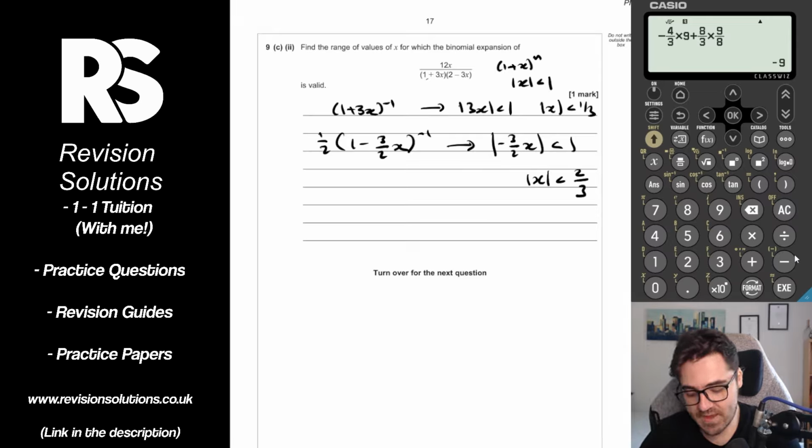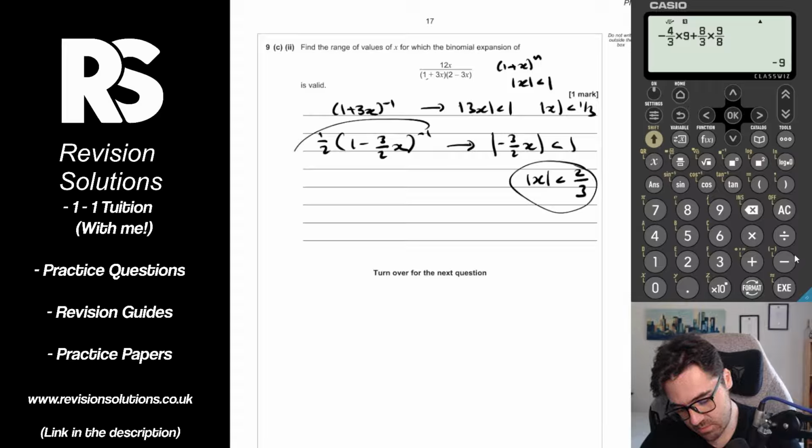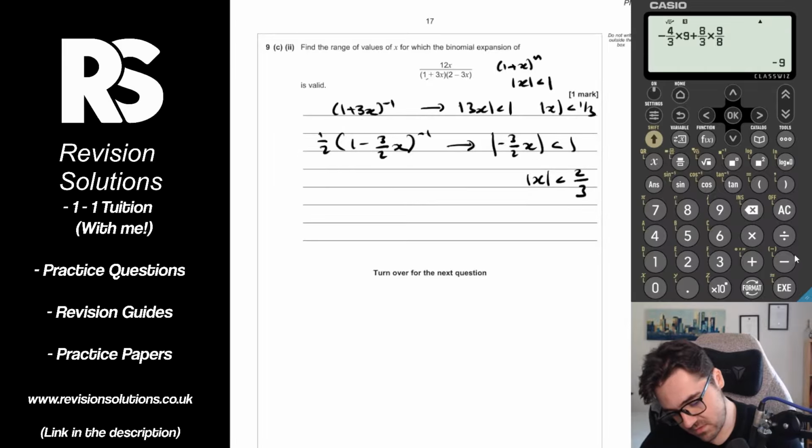So if we want a set of values that works for both, because for this we're using both binomial expansions, then it's going to have to be the first one here, because that's more restrictive, right? It's going to allow for the top one and the bottom one, whereas this one just accommodates this, but doesn't accommodate this. So the final values of x that we can use are mod x is less than 1/3.